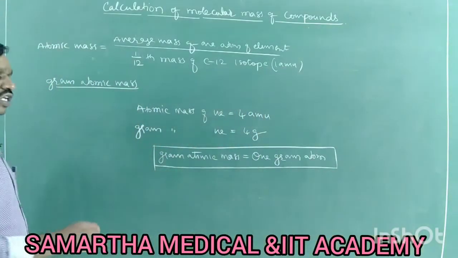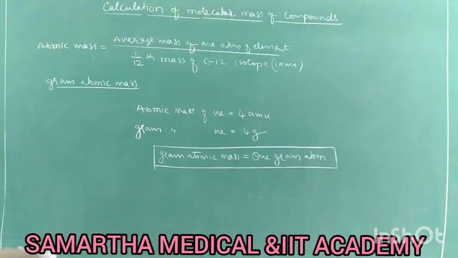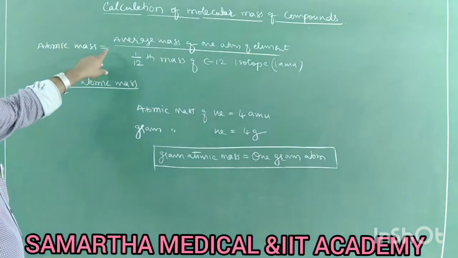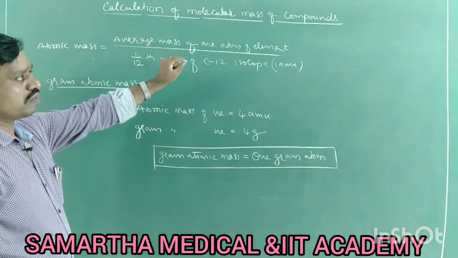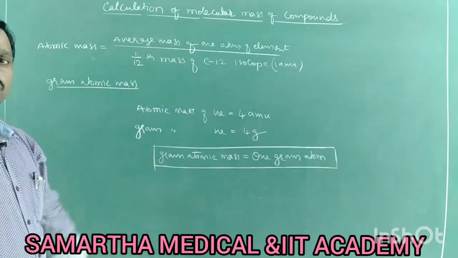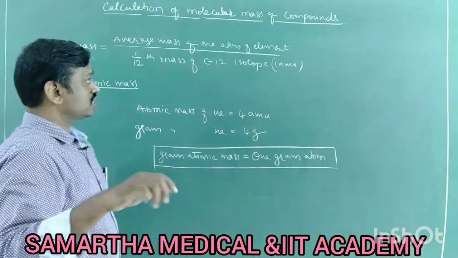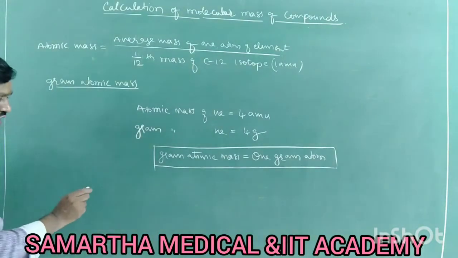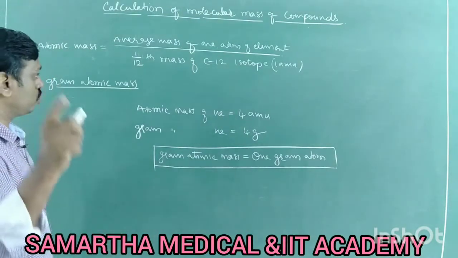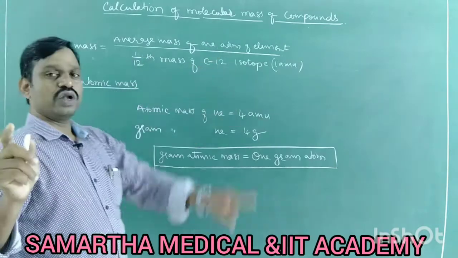Next, we have studied molecular mass. Molecular mass is also the same. So what is molecular mass? Here for atomic mass we took the average mass of one atom. In molecular mass we take the average mass of one molecule of compound, divided by the 1/12th mass of the C12 isotope.